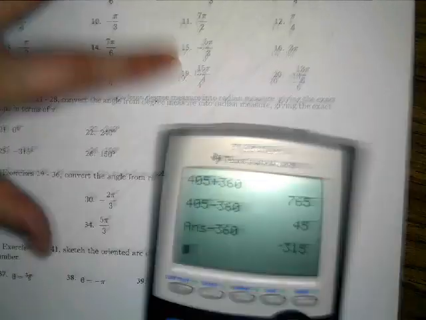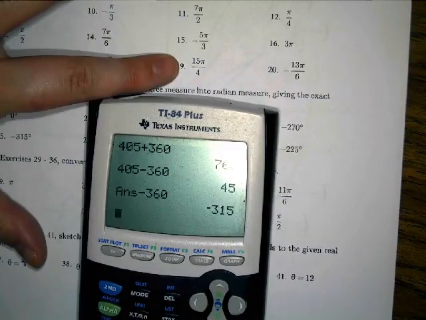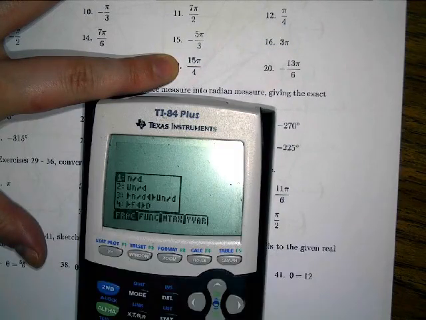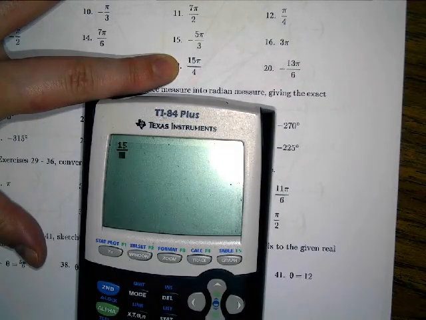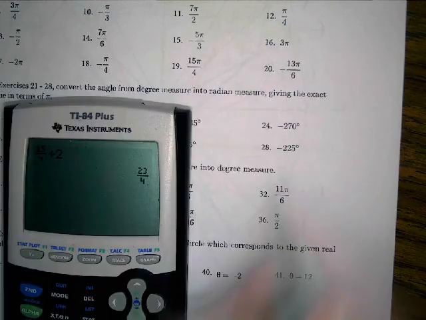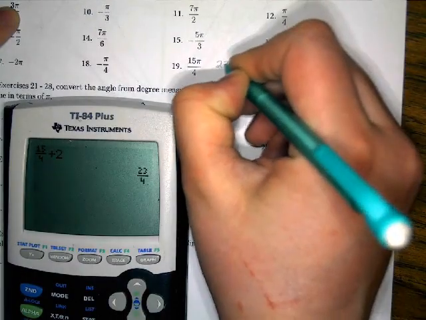So if we had a radian measure of 15/4, I'm going to type this in as a fraction so it's easier to do. So 15 pi over 4 is our starting radian measure, and if I wanted to find a positive coterminal angle, what would I do? I would add a whole circle. So 23 pi over 4 is a good positive coterminal angle.